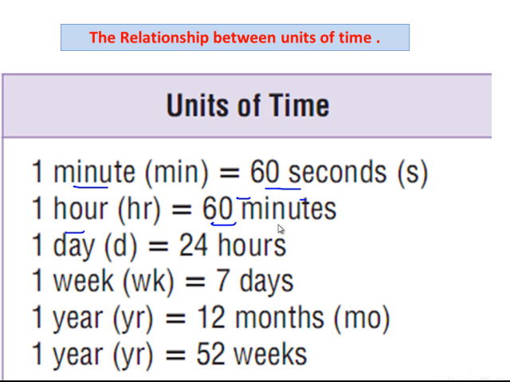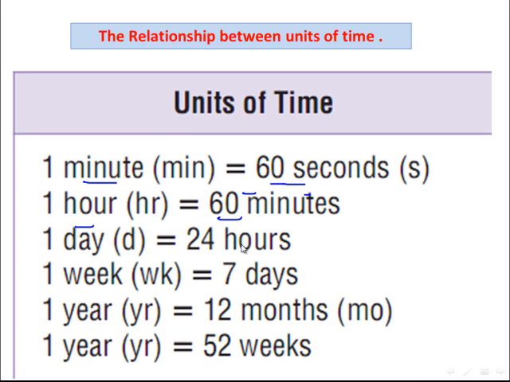So when I ask you how many minutes are there in 1 hour, you should tell me 60. The third relation between day and hour. How many hours in 1 day? 1 day equals 24 hours.